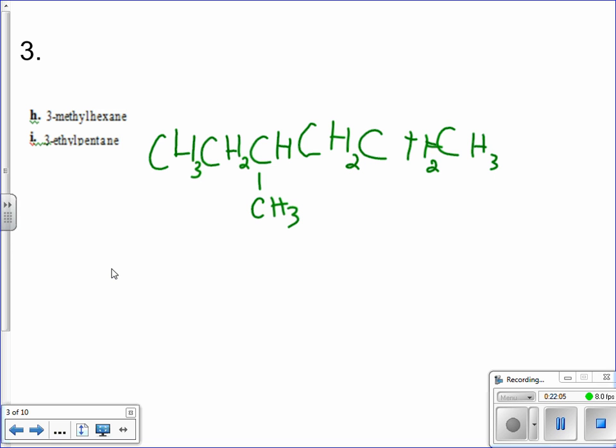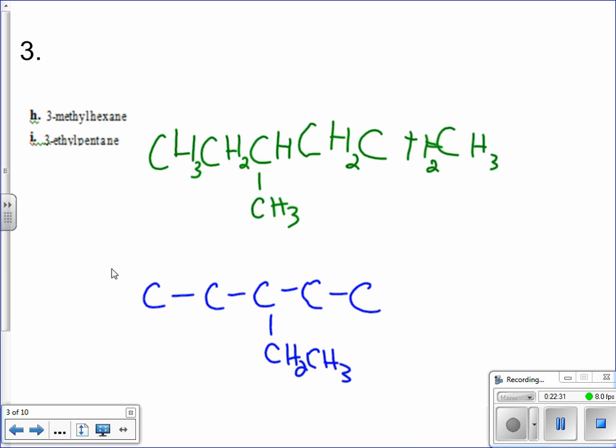Alright, so now I'm going to do it again with pentane. So I need 5 carbon in a row. And then on the 3rd carbon, I need an ethyl branch. So on the 3rd carbon, I'm going to put CH2, CH3.